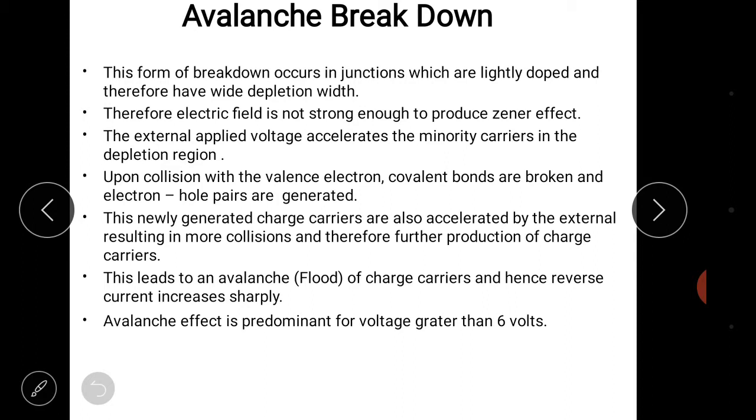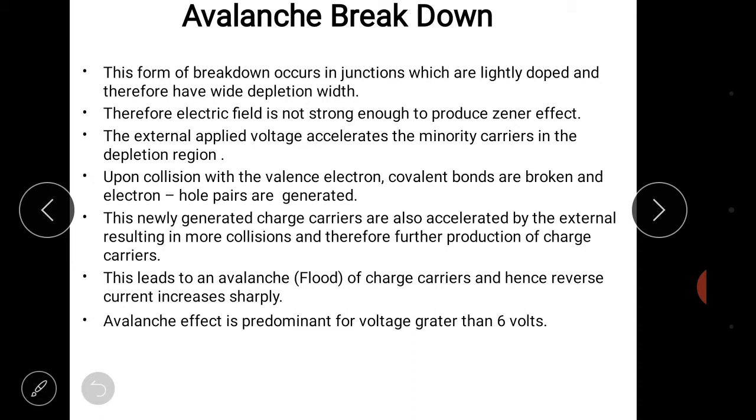Now come to avalanche breakdown. This form of breakdown occurs in junctions which are lightly doped and therefore have wide depletion width. Therefore, the electric field is not strong enough to produce Zener effect. The external applied voltage accelerates the minority carriers in the depletion region. Upon collision with the valence electron, covalent bonds are broken and we get electron and hole pairs.